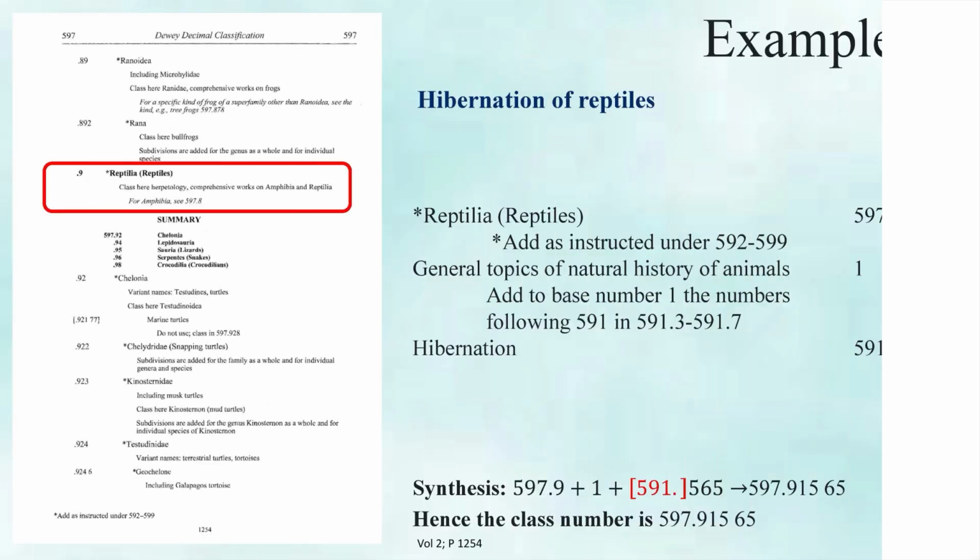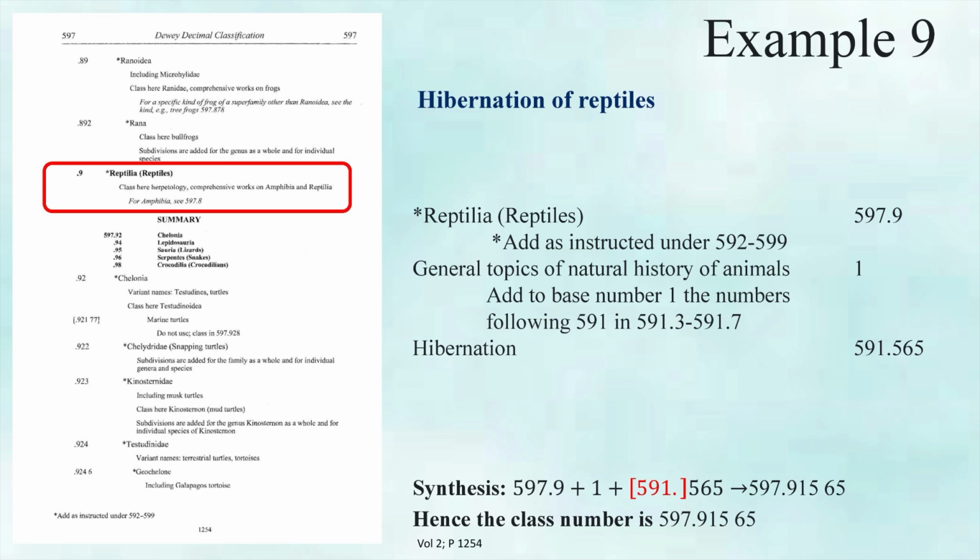The next problem is hibernation of reptiles. Reptiles often go into hibernation during the winter. Reptilia is available in 597.9. There is an instruction and the class starts with an asterisk. According to the instruction, we add the notation or extended subdivision available in 592 to 599.